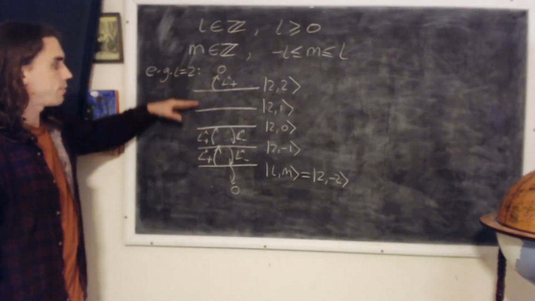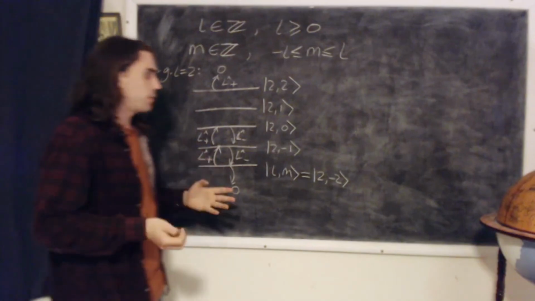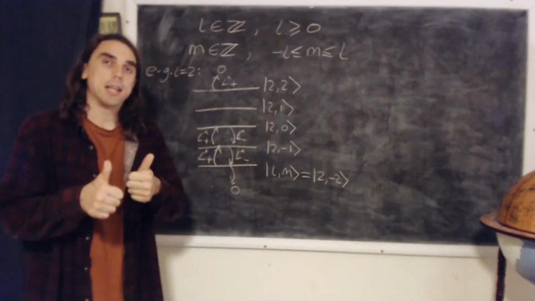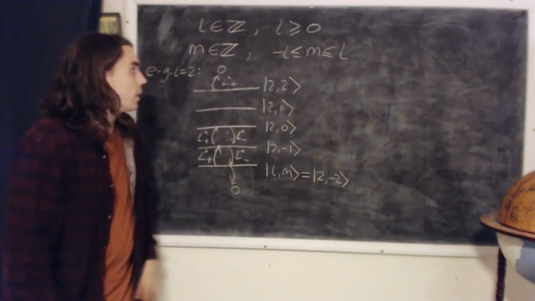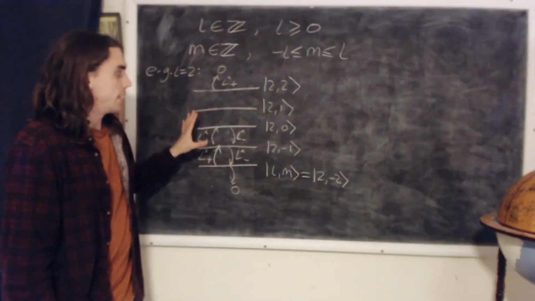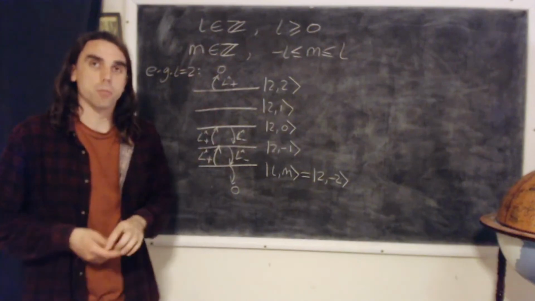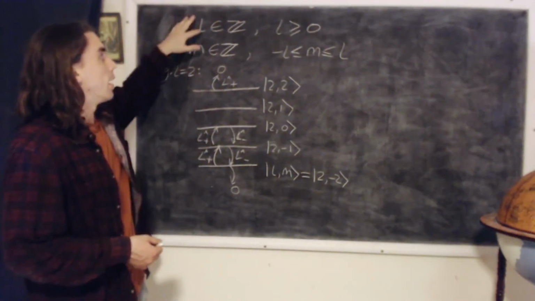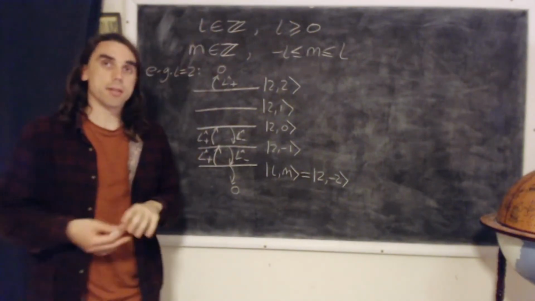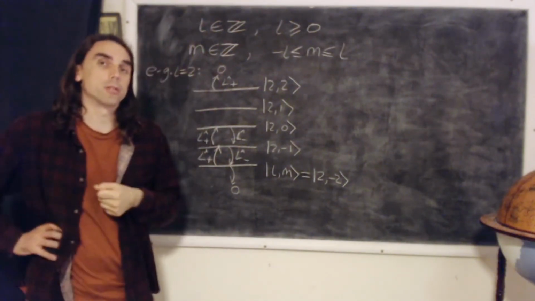So the ladder has a finite number of rungs, which you can think about physically just because you can't get a larger z projection than the total length of the vector. So we now have a ladder with a finite number of rungs, where the number of rungs is specified by L, the quantum number associated with the L squared total angular momentum squared operator.